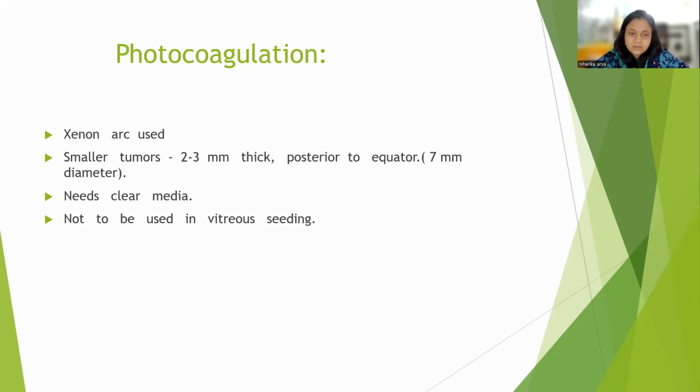Xenon arc, xenon laser rays are used in small tumors, 2 to 3 mm thick, posterior to the equator, 7 mm in diameter, and it needs clear media, not to be used in vitreous seeding. Photocoagulation is used very rarely, but you can use xenon rays in small tumors 2 to 3 mm thick, posterior to the equator, 7 mm in diameter, needing clear media, not to be used in vitreous seeding.